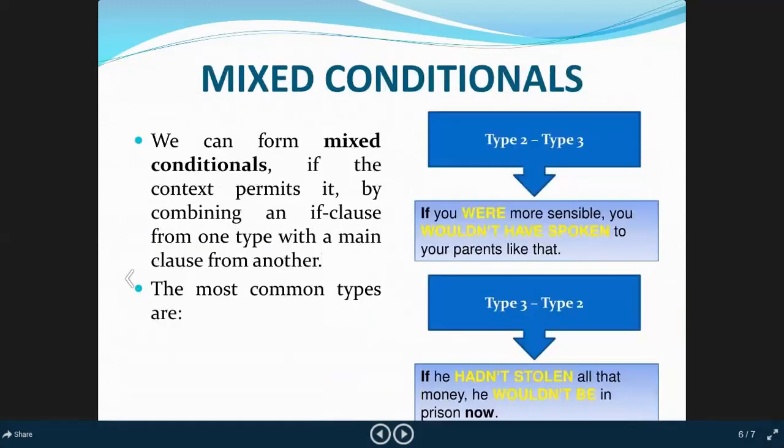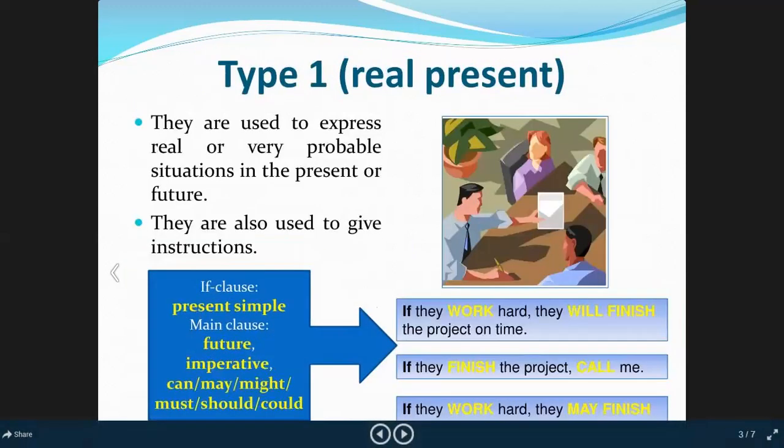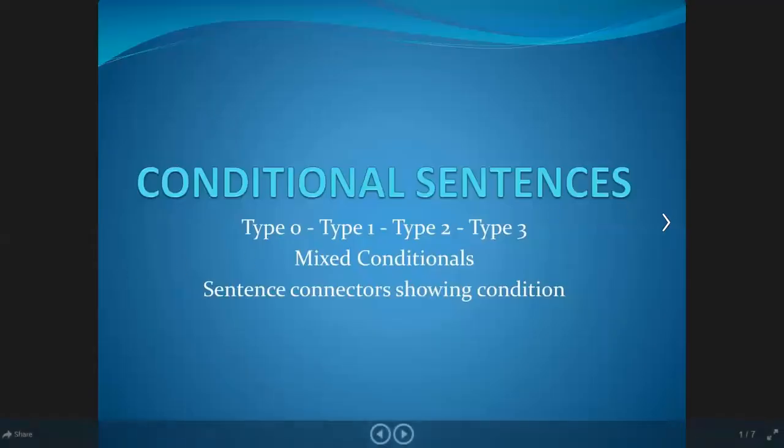There are some mixed conditional sentences as well, and obviously we will discuss them in the next class for your better and perfect understanding. I'm just going to wind it up again: conditional sentences have a main clause, and its impact depends on the dependent clause.